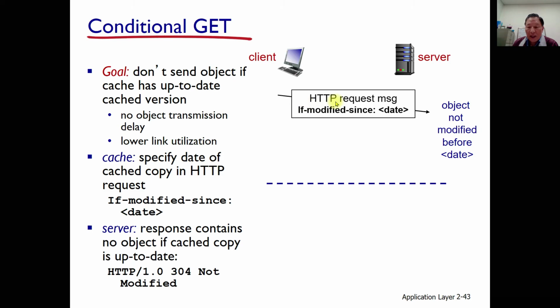This client is sending an HTTP request message, and this one is checking if modified since some date, to differentiate the contents. If the server is still having that information and it has not changed yet, we need some way to find out, and this is the way. If-modified-since date and the object not modified.